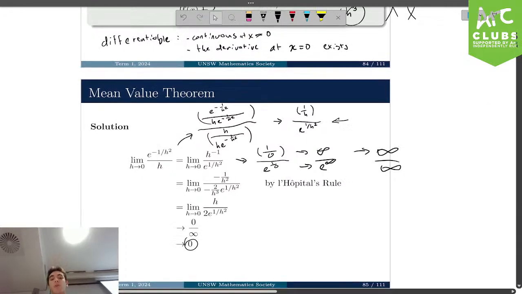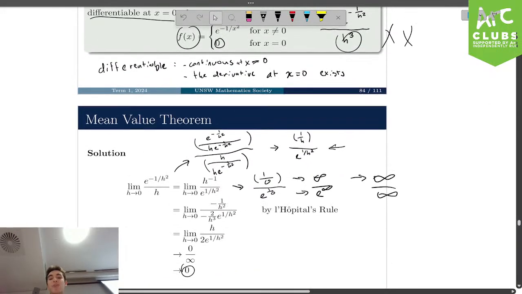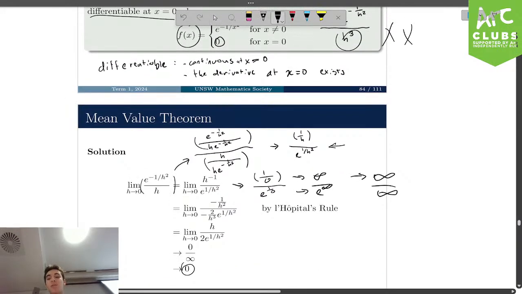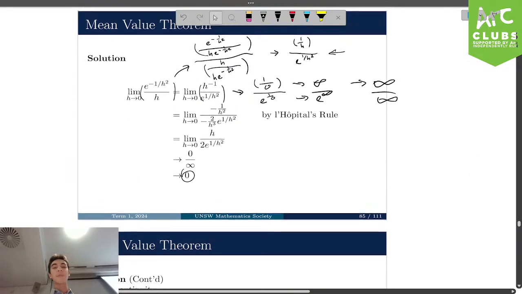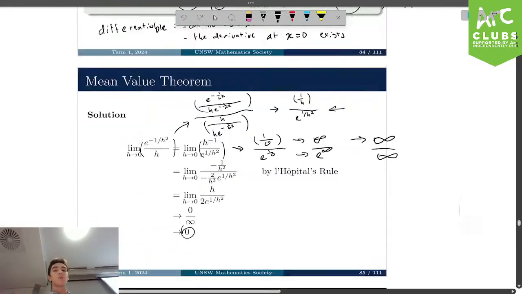So when we did that algebraic manipulation to our original limit, we got an equivalent one of the form infinity over infinity. So you can apply it to both, yeah. But it has to be the same thing on the top and bottom.